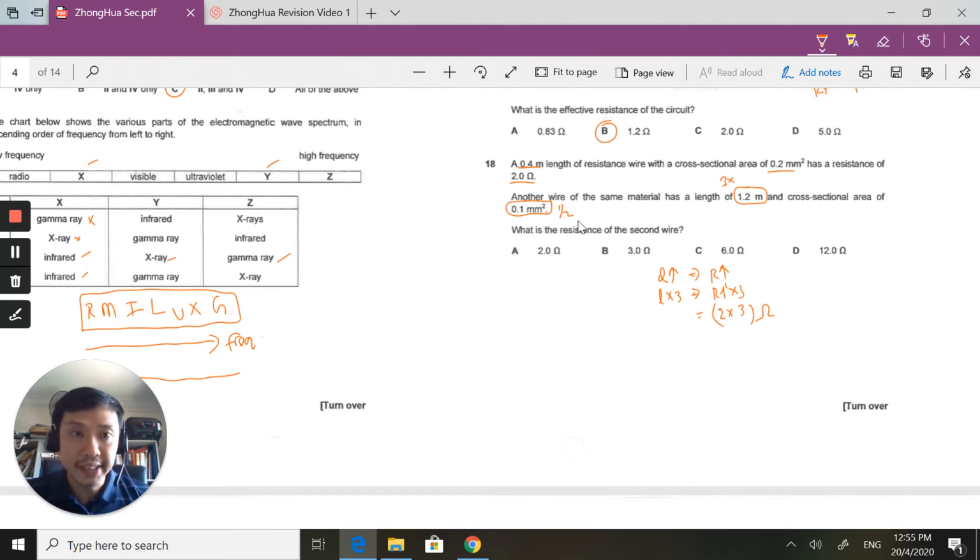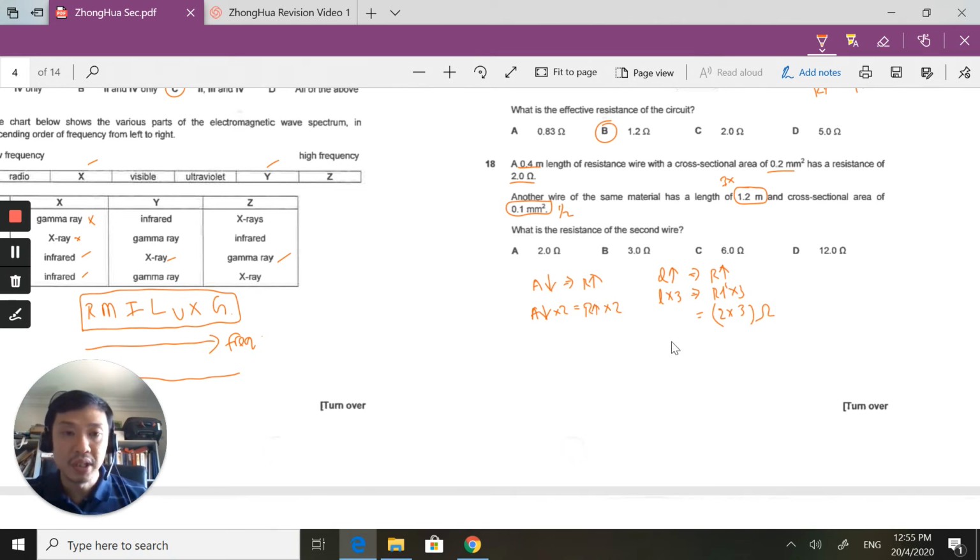Now, the cross-sectional area has decreased from 0.2 to 0.1. When the cross-sectional area decreases, the resistance also increases. Okay, and if the cross-sectional area decreases by 2 times, the resistance will also increase by 2 times.